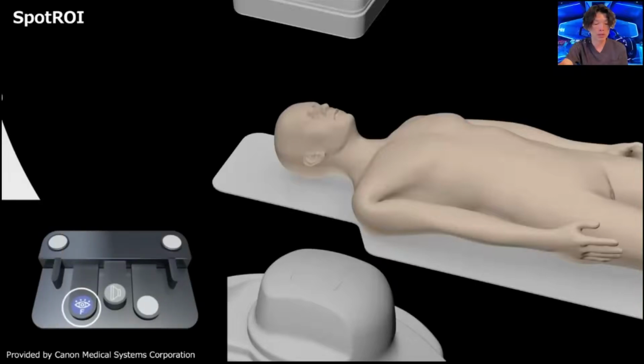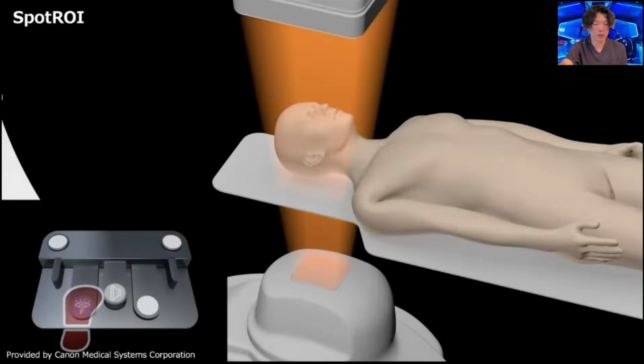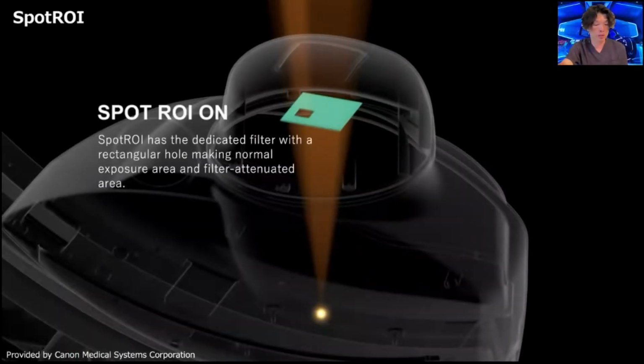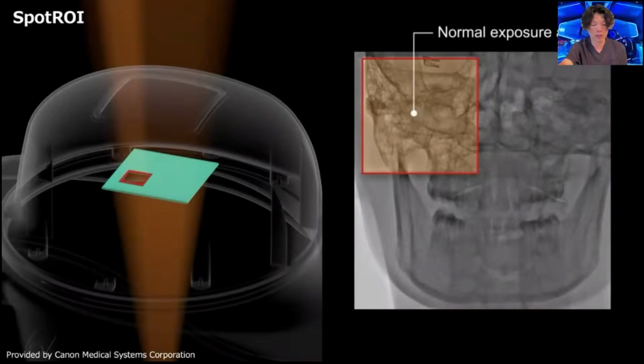The flexible edition X-ray system introduced an innovative spot ROI function, which employs a square hole filter to reduce radiation while preserving imaging quality.